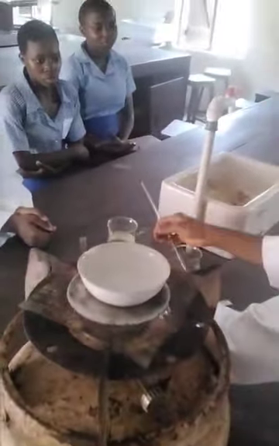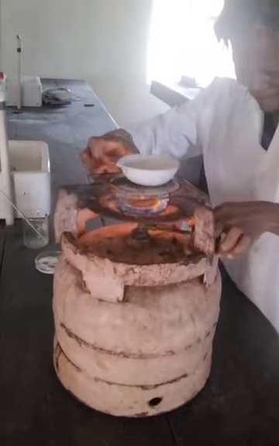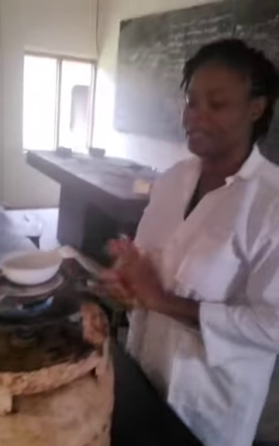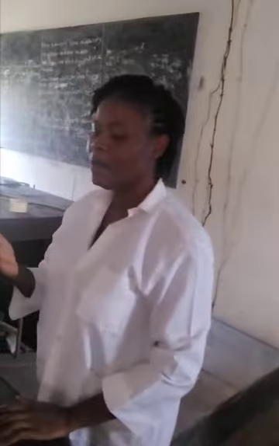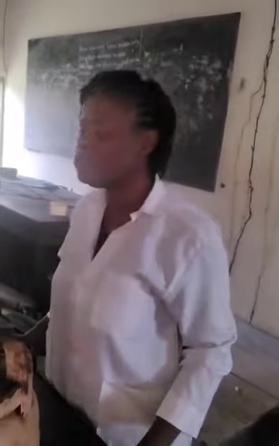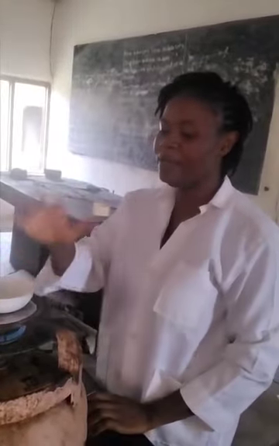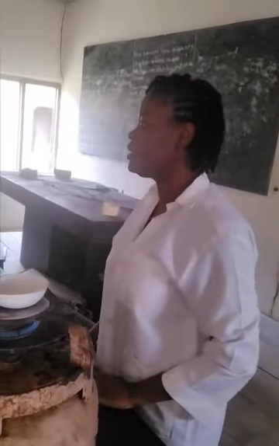Then I will apply heat to it. Okay, so as we have applied heat to it, it's expected that as the mixture acquires heat, the water will start evaporating and leaving the salt in the evaporating dish.